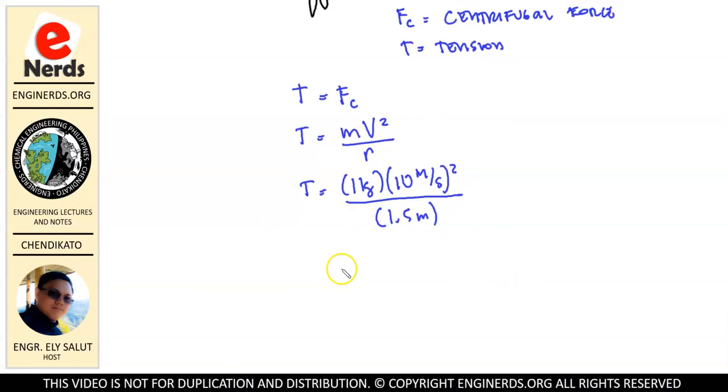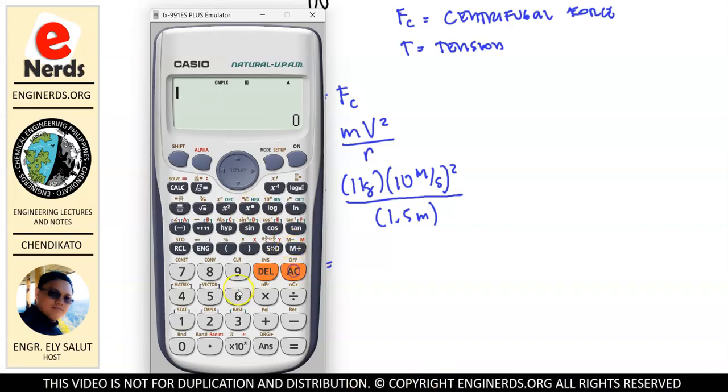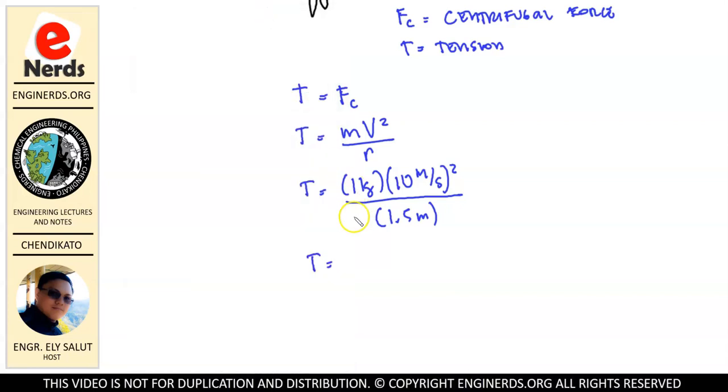Right. So what will be our answer here? Let us use our calculator. We have 10 squared divided by 1.5, so we have 66.67. Our meter here will be squared, but it will be divided by another meter, so we will have only 1 meter.